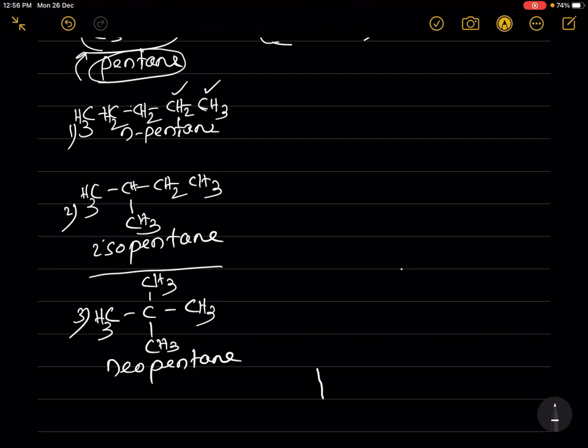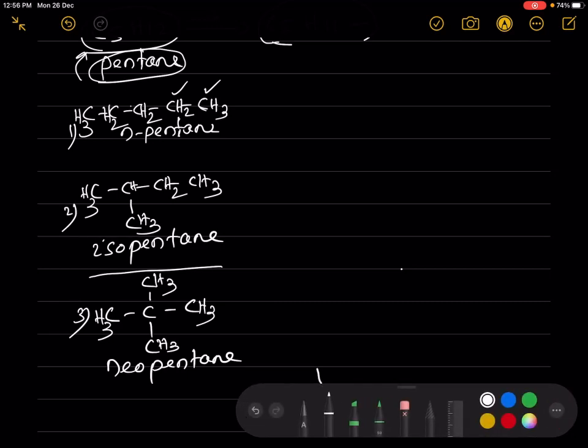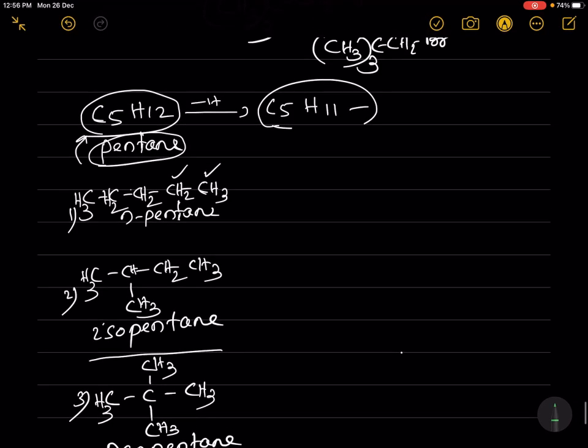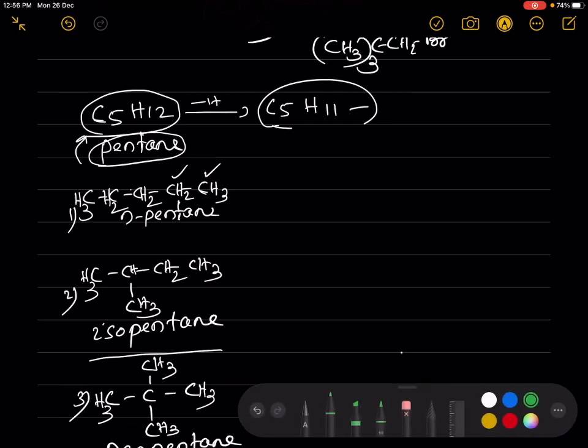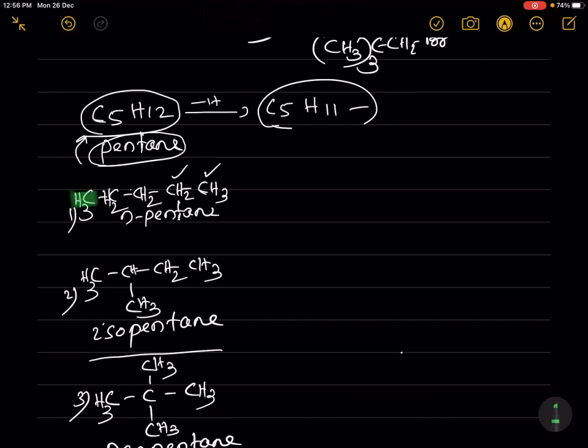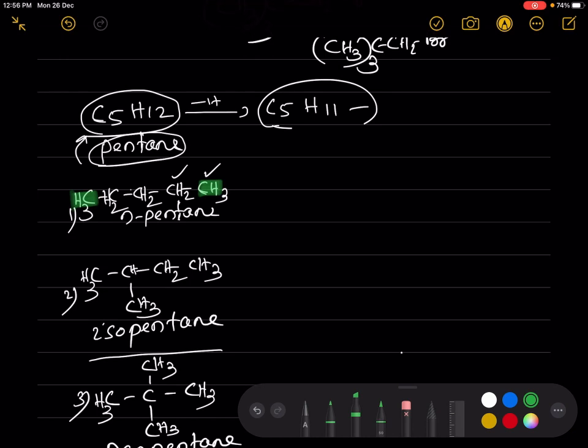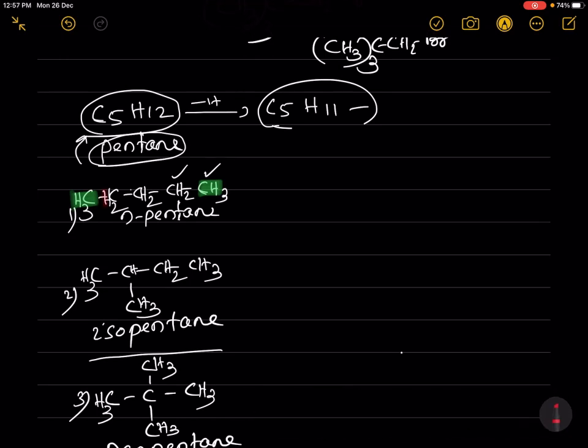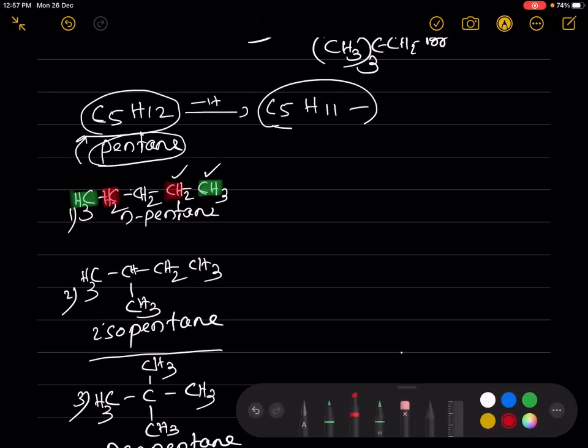Then we have to remove hydrogen atoms to get different pentyl groups. You see, pentane has 2 primary carbon atoms, but they are identical. Then pentane has 3 secondary carbon atoms, but out of 3 secondary carbon atoms, the red colored second carbon atoms are identical, and the middle one is different.